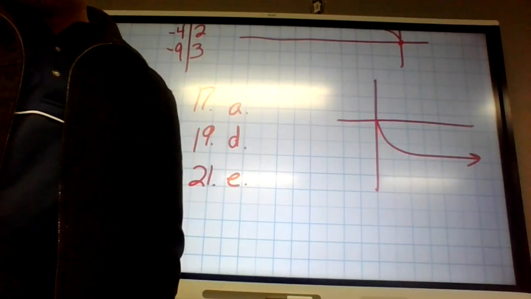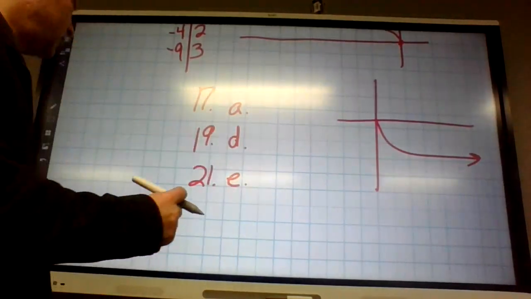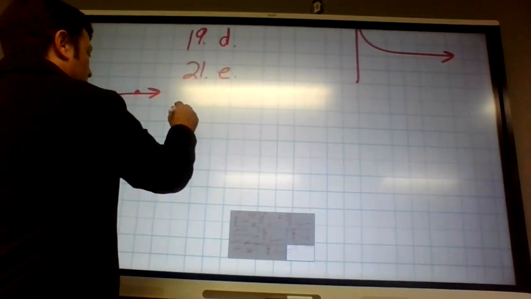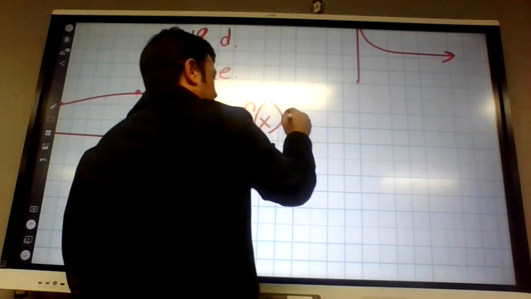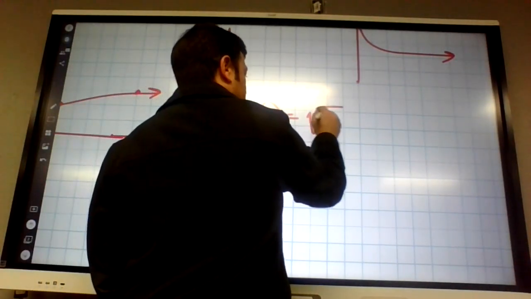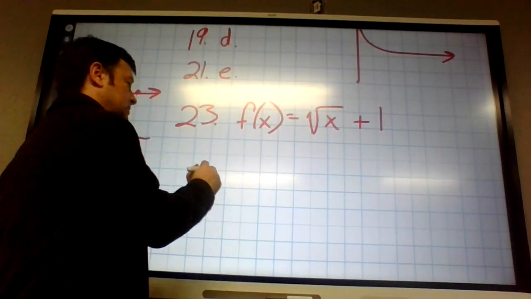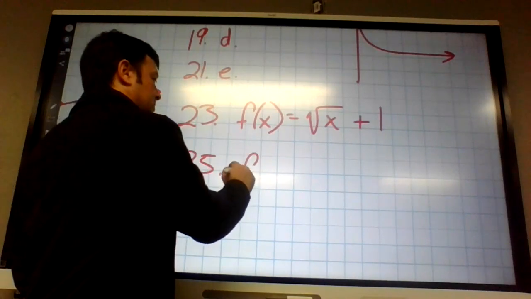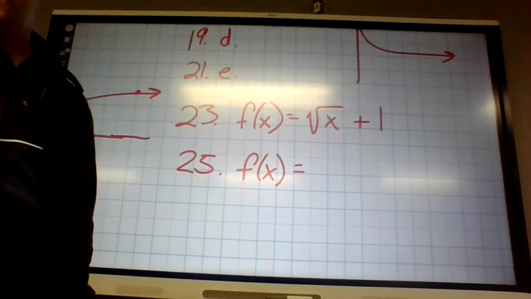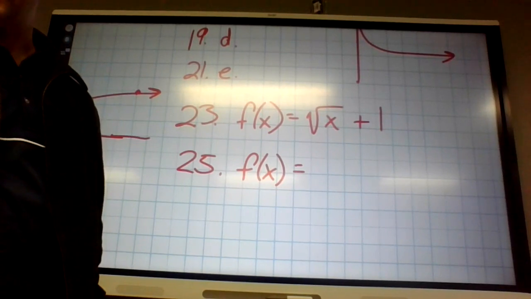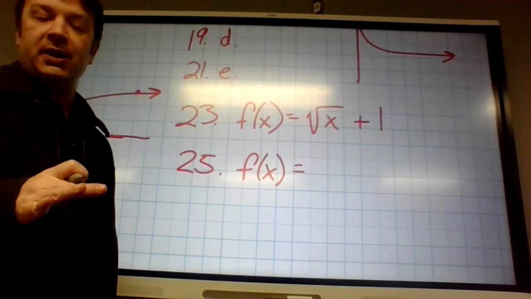Okay, 23. Write the function rule. If we want the function to go up 1, how do we make that happen? f of x equals the square root of x plus 1 on the outside. Isn't f of x also y? It's the same thing as y equals, just a different kind of notation. 25, we need to make it go 2 to the right and 2 down.